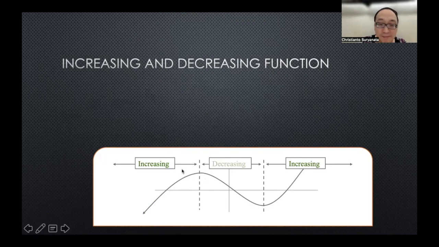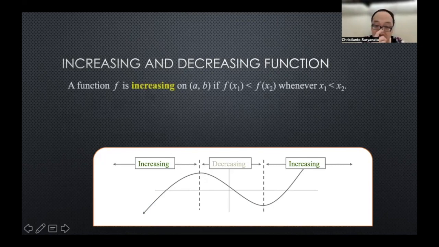So from here, we can see that a function f is increasing in the given interval AB if, for x1 and x2 where x1 is smaller than x2, for example x1 here and x2 here, the value of f(x1) is smaller than the value of f(x2).